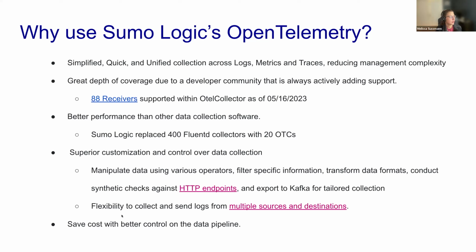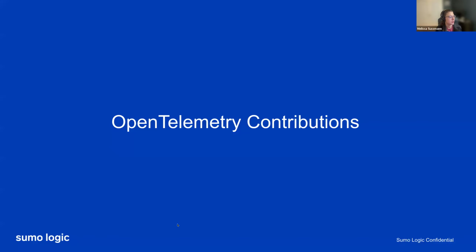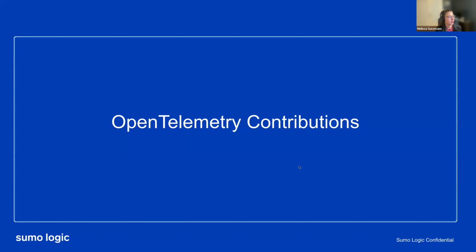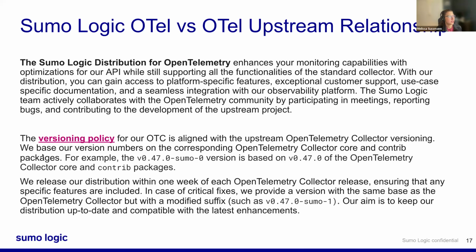So let's go into the next stuff. And of course, saving costs. Everyone likes saving costs on easier pipelines. So, OpenTelemetry contributions. These are things that Sumo Logic has done to contribute upstream to OpenTelemetry. Basically, we have this relationship and versioning policy where we release our distribution within 1 week of each OpenTelemetry collector release.